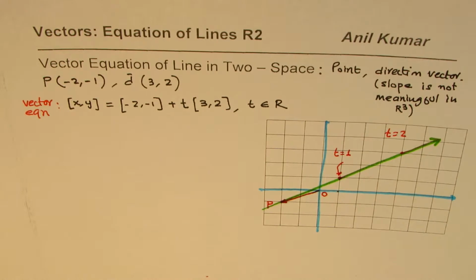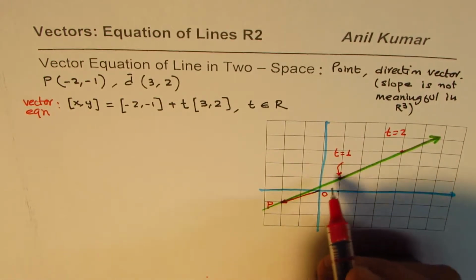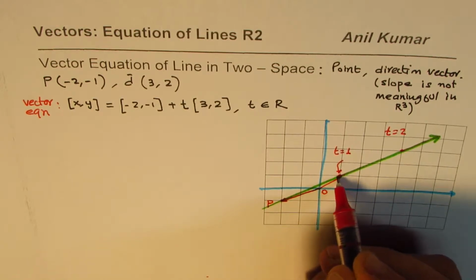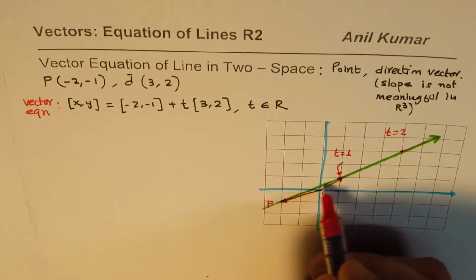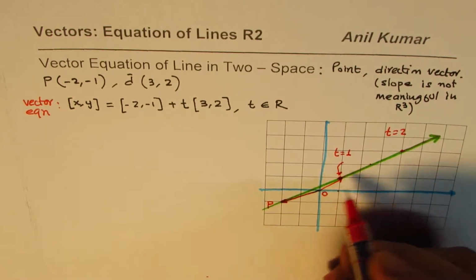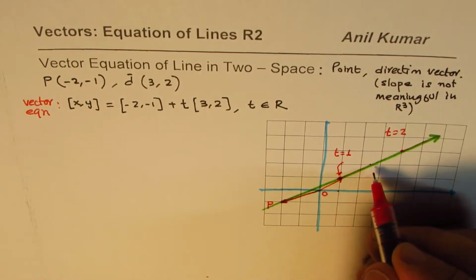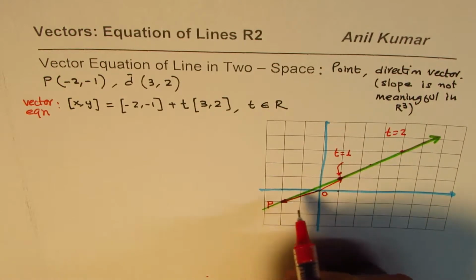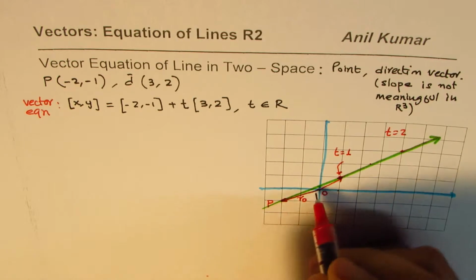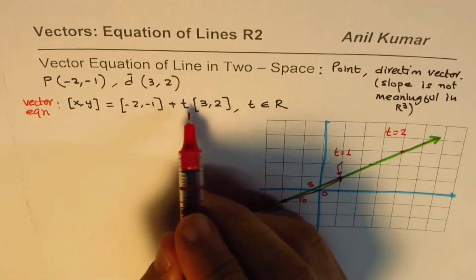So I hope you get the idea, right? At times what we do here is, to get the second point, we say this is my second position vector. Joining these two and extending gives us the line. So set of points along this direction is what we are saying, correct? So OP is our original vector. We say R0, and this we normally say S, which is t times the direction.